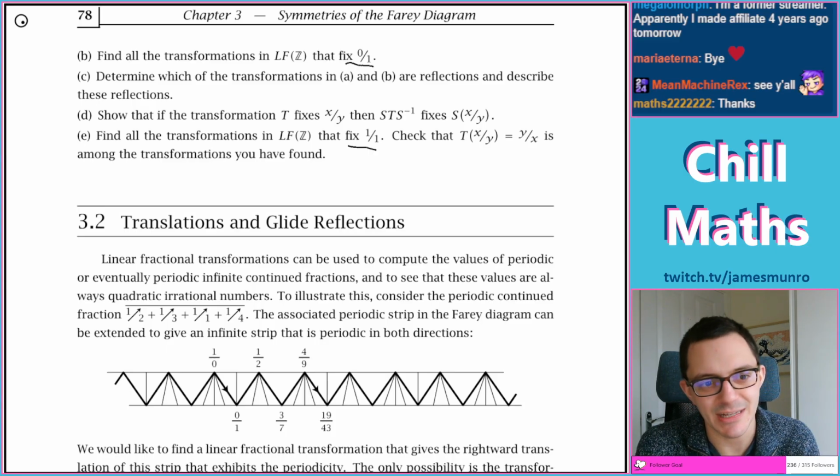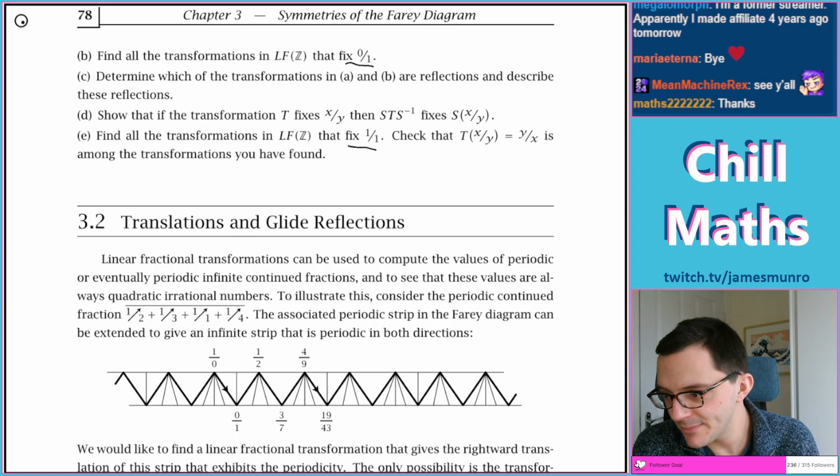Kind of symmetries in the sequence of numbers related to symmetries in the sequence of triangles that you get. Because the key idea in this book is that the numbers in the continued fraction relate to triangles in the Farey diagram.